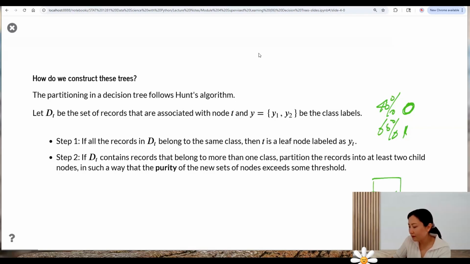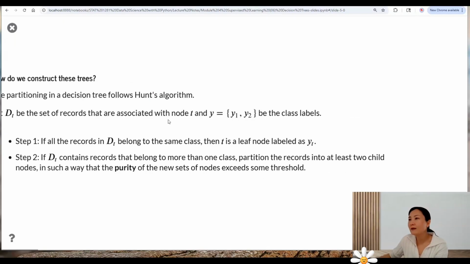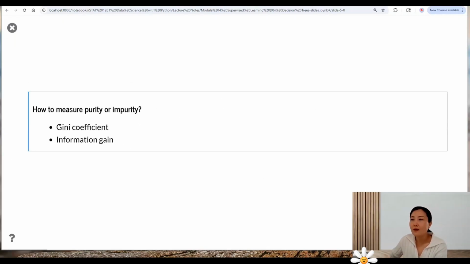So if Dt is not completely pure, then split Dt into 2 subnodes so that the overall purity of these 2 subsets exceeds some threshold. So far we talked about purity and impurity. How do we measure purity or impurity? We have 2 measurements. The first one is called the Gini coefficient. The second one is called information gain.